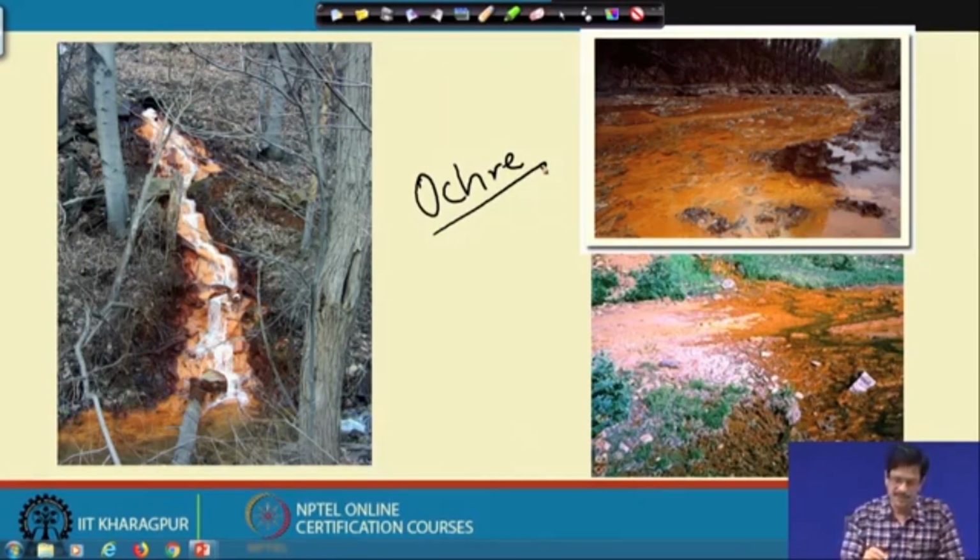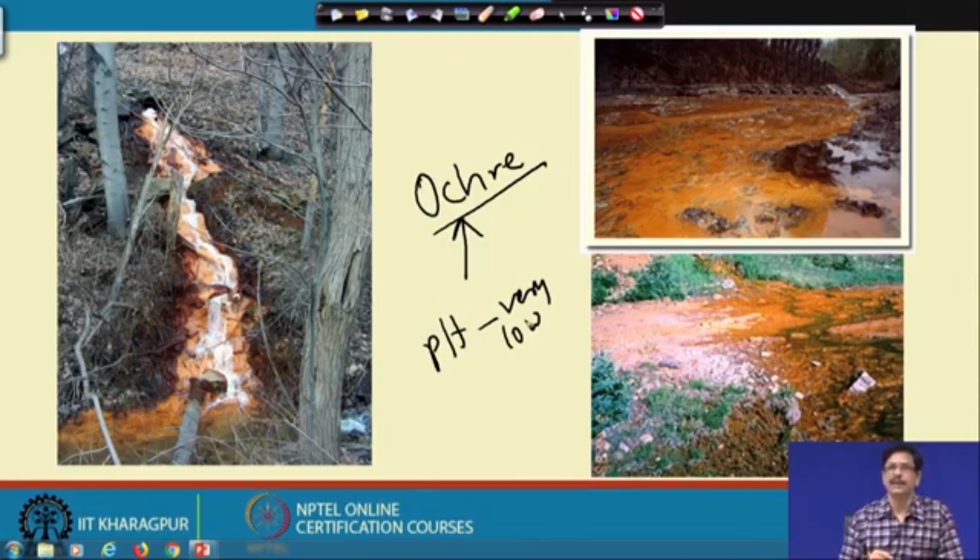These ochreous precipitates are essentially constituted of many cryptocrystalline species of iron sulfate, iron oxides, and many other different secondary mineral species which form in this kind of environment. Essentially the pH in this environment is very low.